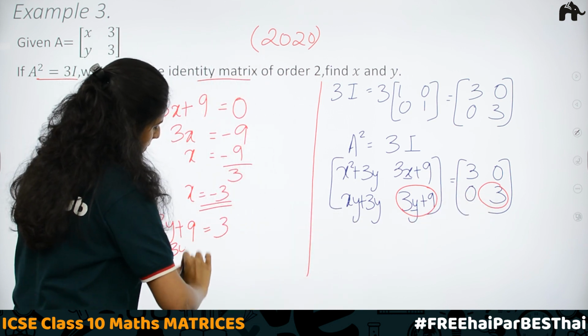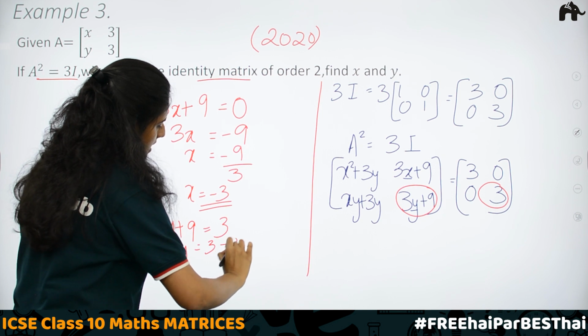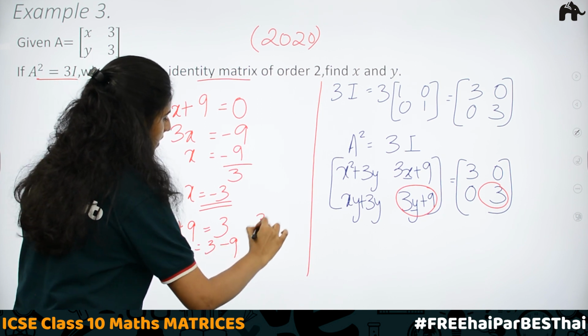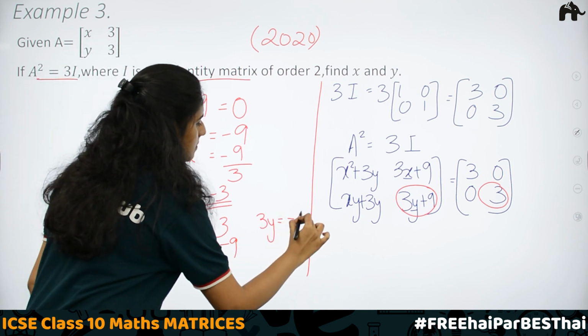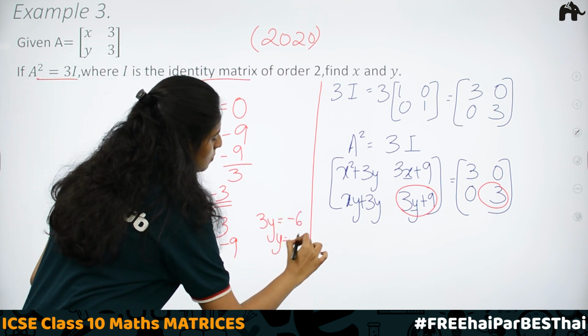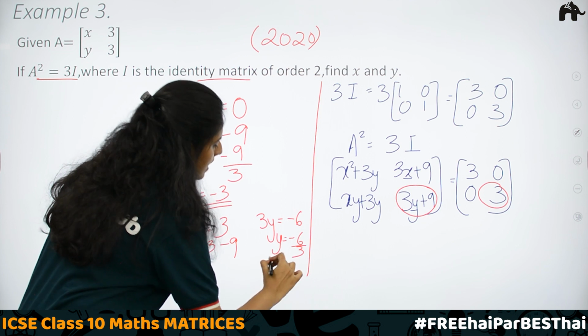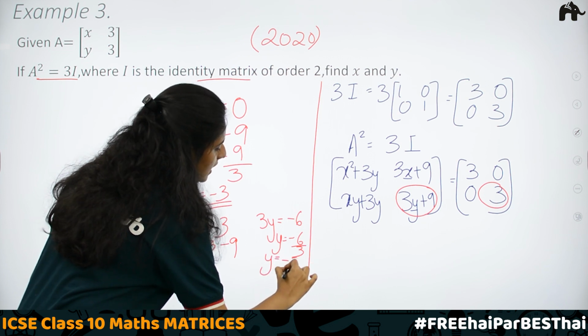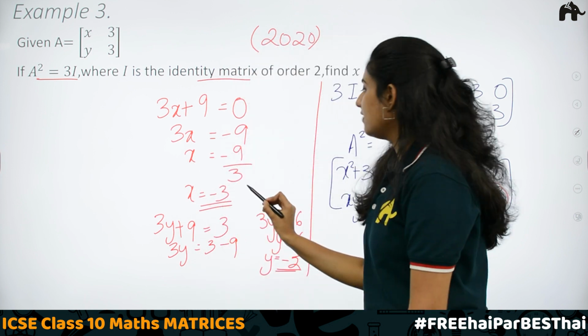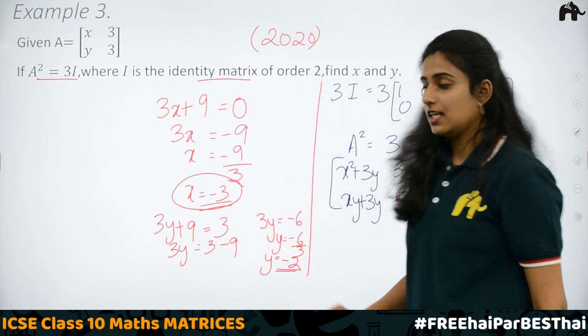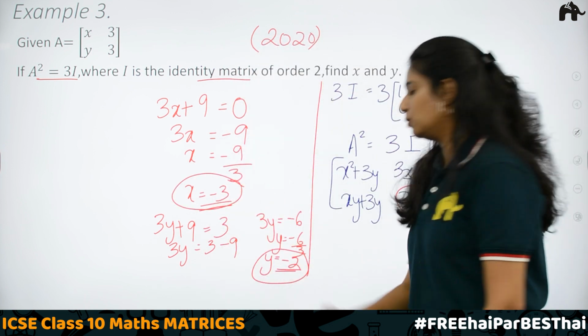Then 3y is equal to 3 minus 9, which is minus 6, and y is equal to minus 6 divided by 3, y is equal to minus 2. So x is minus 3 and y is minus 2.